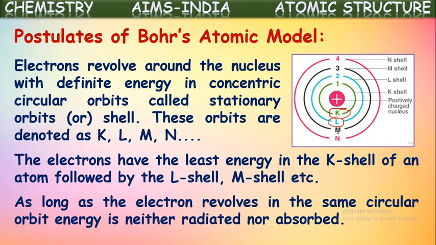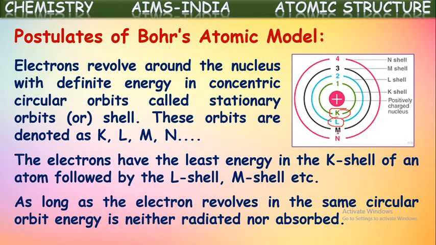As long as an electron is revolving in the same circular orbit, energy is neither radiated nor absorbed by the electron. So, whenever an electron is revolving in a particular orbit around the nucleus, it will be revolving with constant energy; it won't radiate energy nor absorb energy.